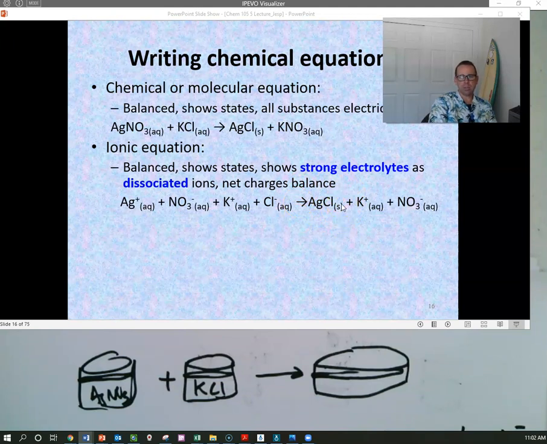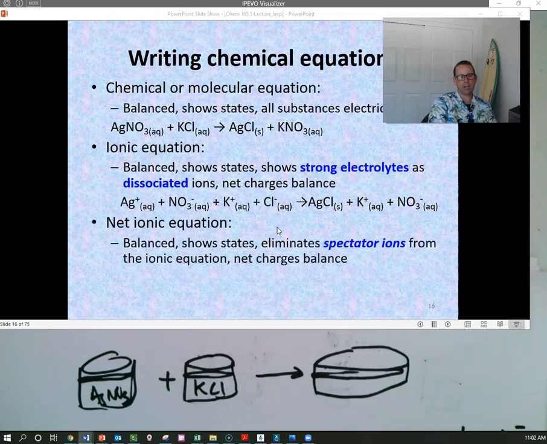And this is a precipitation reaction because I put two chemicals that were soluble in water together, and the silver ion and the chloride ion found each other and formed a solid. The potassium ion and the nitrate ion didn't do anything in this reaction. Can you see that? They stayed the same on the left of the arrow and to the right of the arrow. They stayed the same.